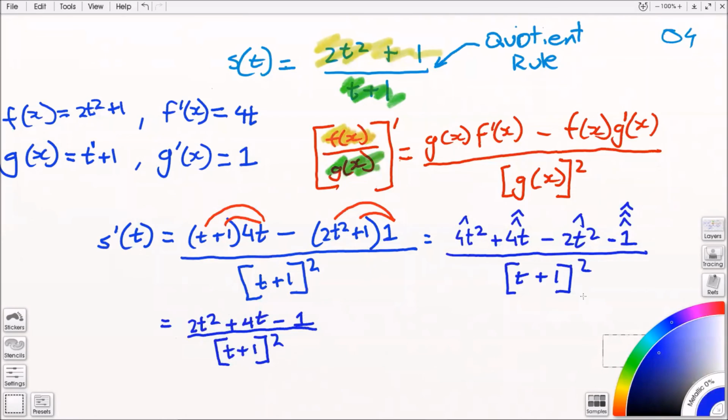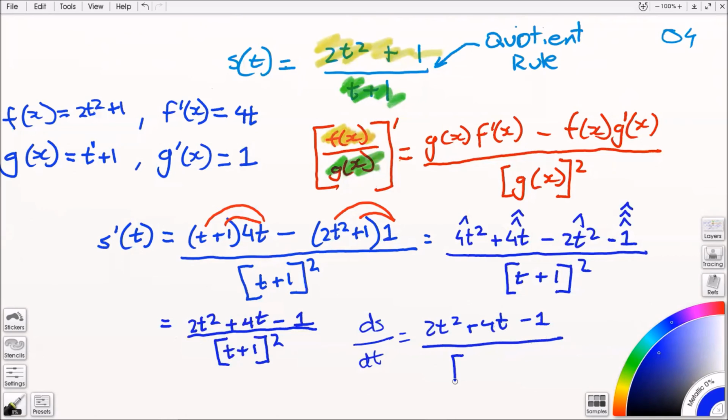So let's delete that. We can say that ds dt, which is just another way of saying that, is equal to 2t squared plus 4t minus 1 over t plus 1 squared.